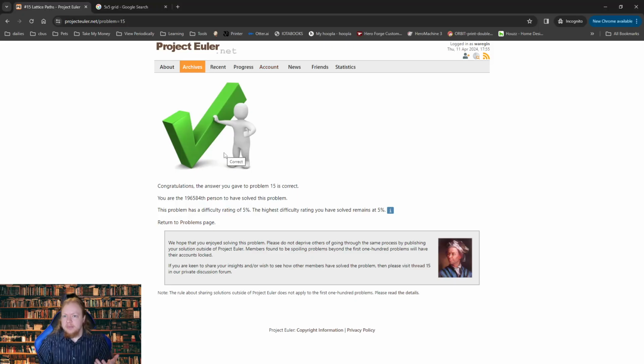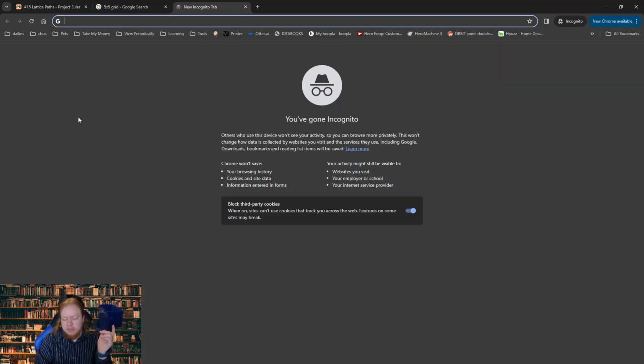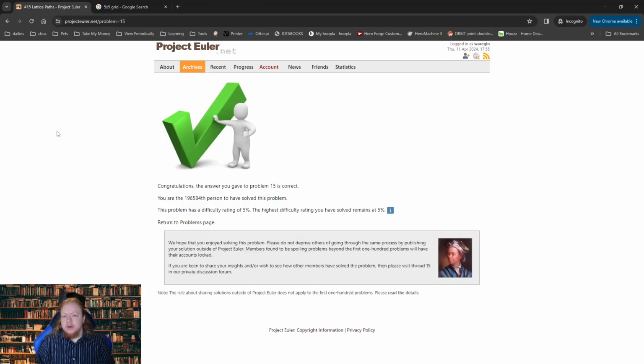So I'm fine looking up, like, how I make a Python dictionary do X or whatever. But when it comes to actually looking up how do I solve this exact problem, that feels like cheating for the purposes of Project Euler.